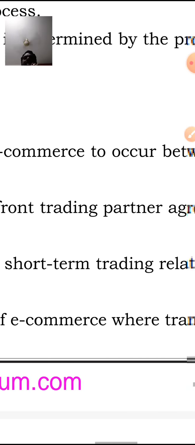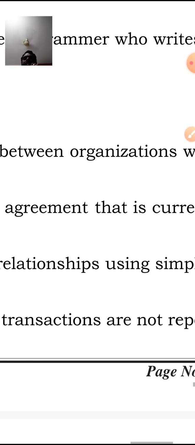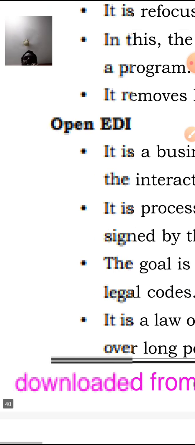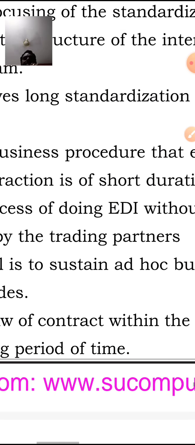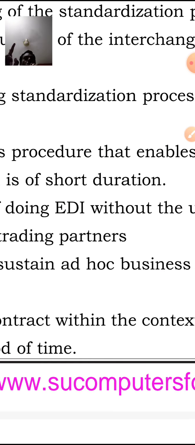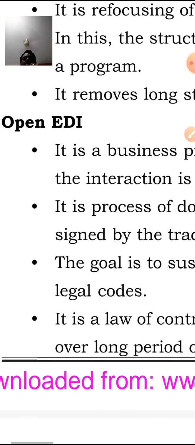That enables e-commerce. In an e-commerce environment, it is very helpful to establish an interaction between two ends within a short duration only.